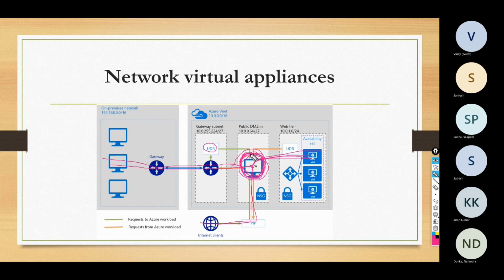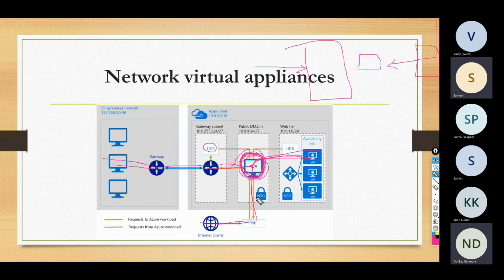Again, what is the DMZ? Demilitarized zone. Inbound and outbound traffic, even internal traffic, goes through the firewall. Same thing is happening here also. So it's not required to configure anything here.